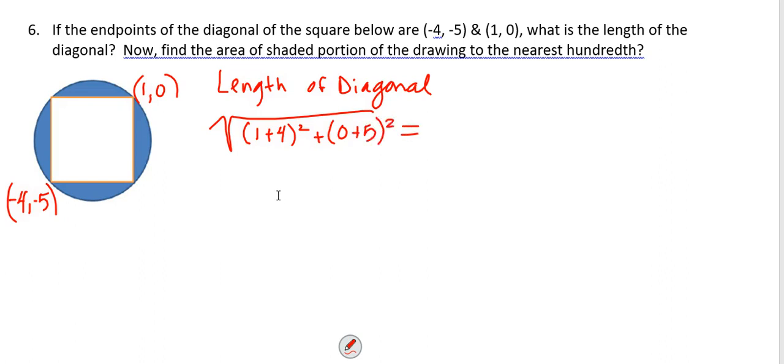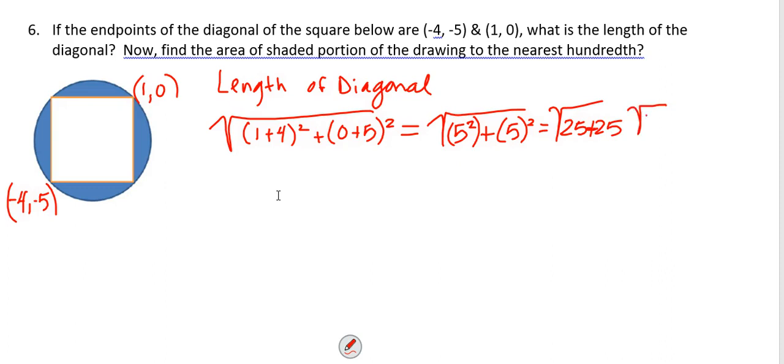So this is going to be 5 squared plus 5 squared, and that's going to be 25 plus 25. So that's going to be the square root of 50. Now I can simplify that to simplest radical form, and I'm going to show you why in a minute, but that's going to be the square root of 25 times the square root of 2, which is equal to 5 square root of 2.